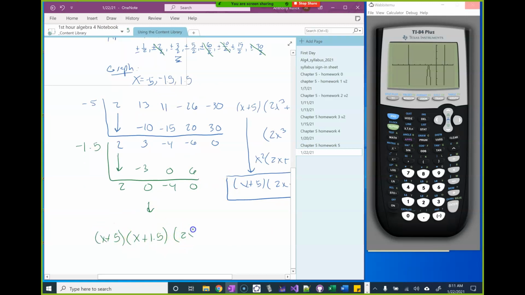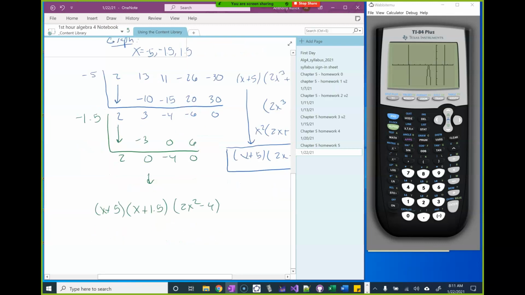And if I look at x squared minus 4, there's a greatest common factor of 2 in there that I can take out. Now, if I look at x plus 1.5, when we factored things, we didn't leave anything with a decimal in a factor like that, right? We've never done that before. We don't want to do that now.